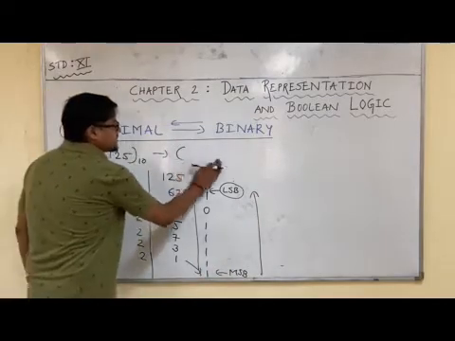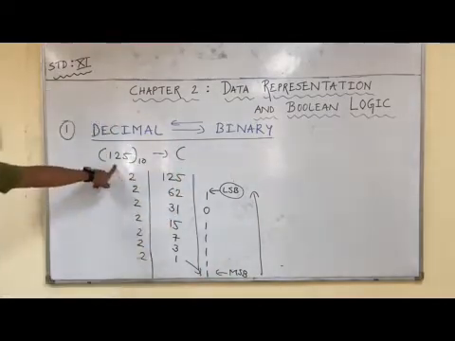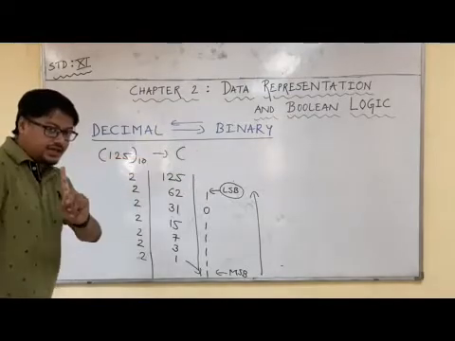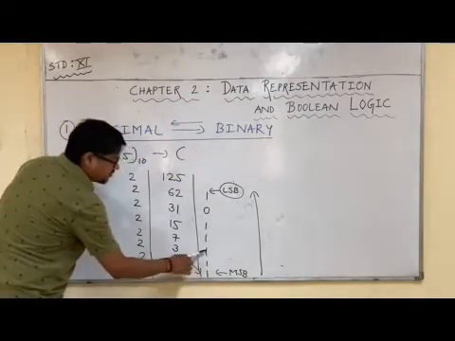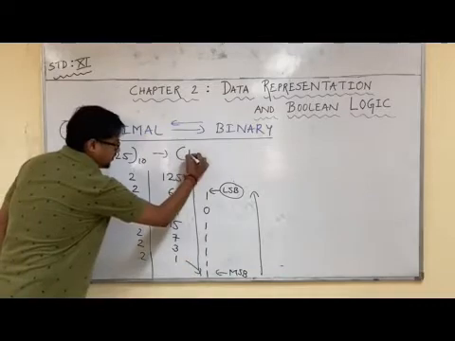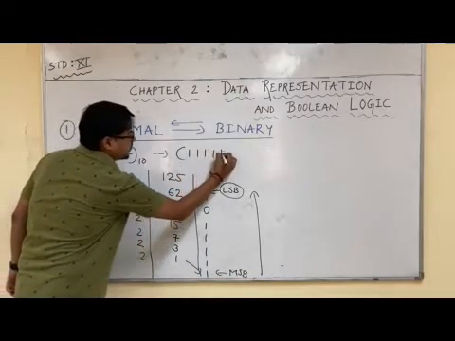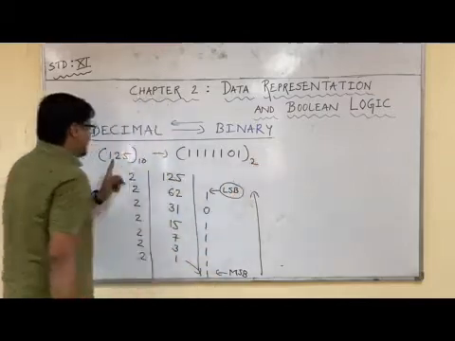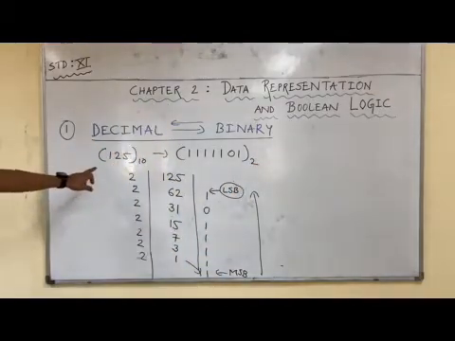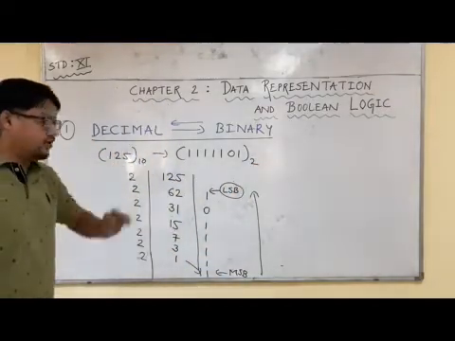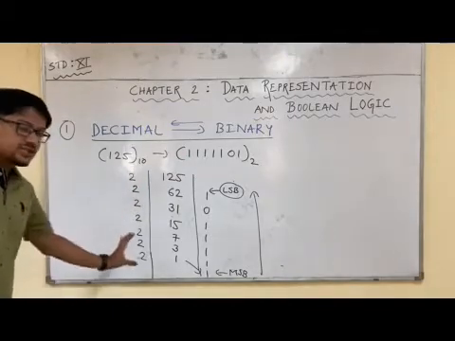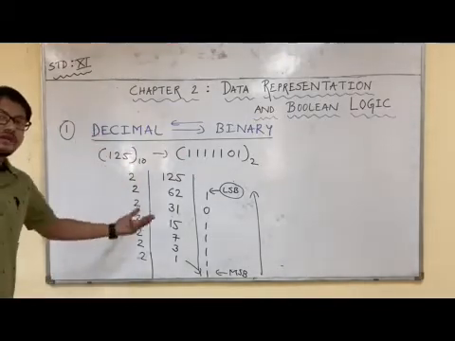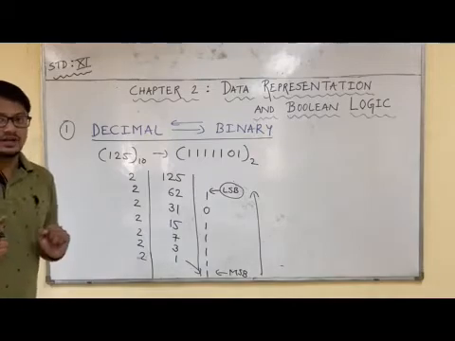So the answer for conversion of 125 into binary is 1 1 1 1 1 0 1. Pause the video, see this step again, you will have a better understanding.